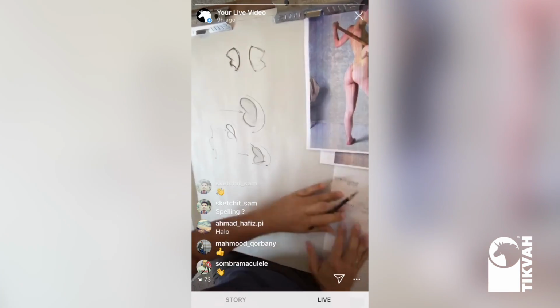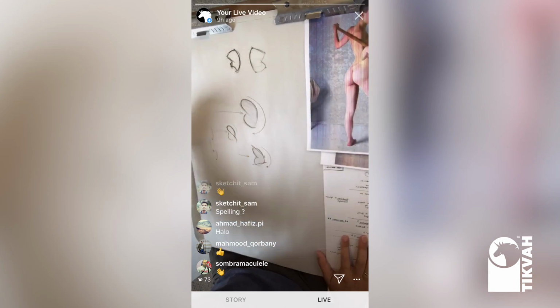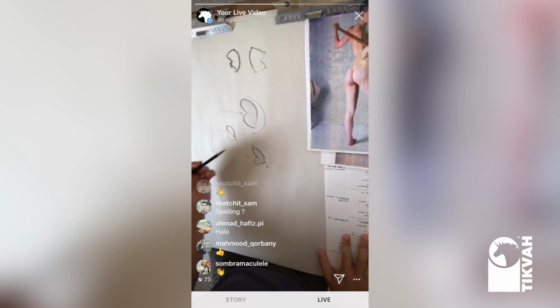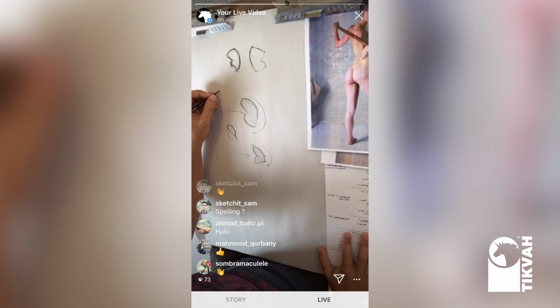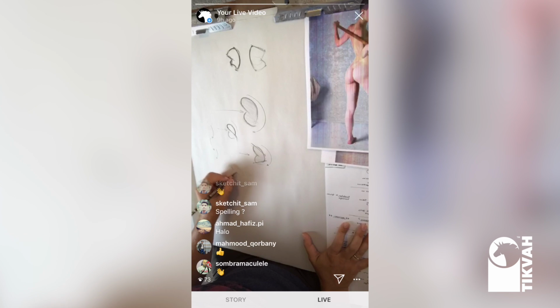Okay, so those would be the basics in terms of understanding the relationship between lines, and also the greater the curve. Maybe the next iteration of this particular model is a more drastic curve to give her more of a lean, like she's leaning back more.